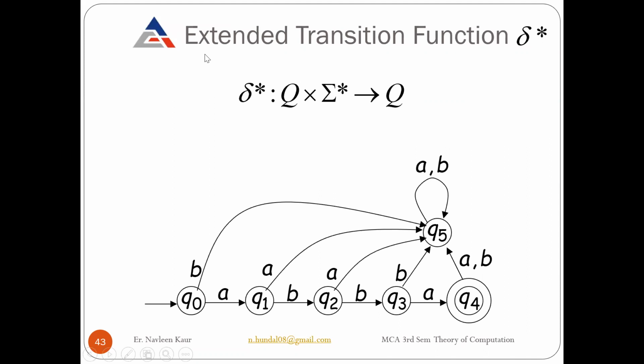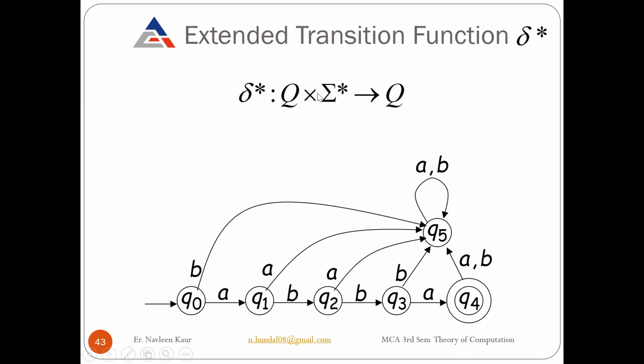Now what do you mean by extended function? That we will cover here. So the extended function is represented by this sigma with a star on it. You have the set of states, which is okay. You have 1, 2, 3, 4, 5, 6 states. So your Q is representing how many states you have. And then this is represented as the input alphabet.